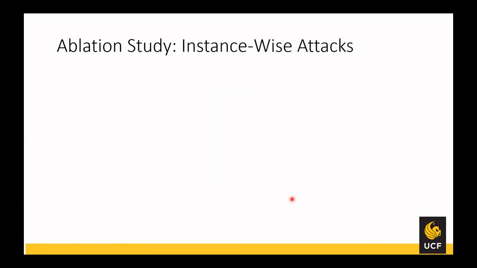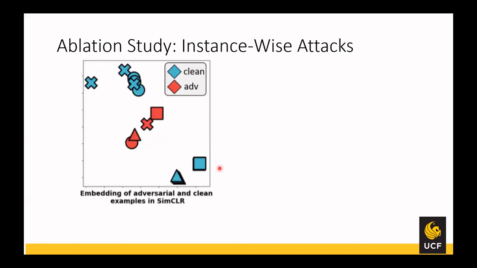Now, they did an ablation study on instance-wise attacks. In this first image, you see a 2D embedding of the adversarial and clean examples in SimCLR. The blue examples are clean images, and the red examples are adversarial images. We consider 4 different classes here, and the class is represented by the shape: the X's, the triangles, the circles, and the squares.